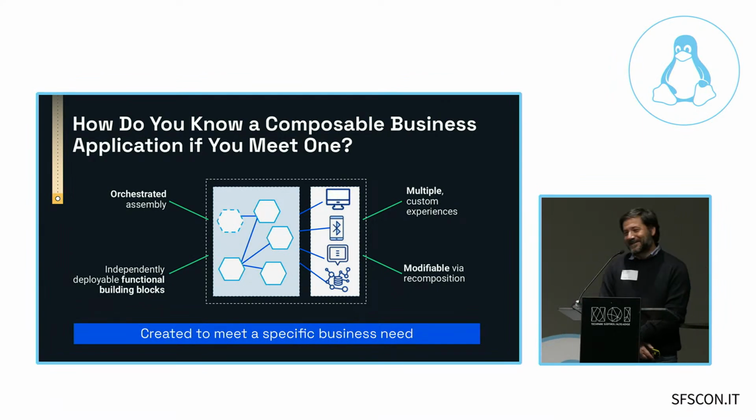We have software that is built using some of the principles that you have already met in distributed architectures. Basically, you have microservices for the most part. And this software is intended to be something that you can deploy in an independent way and can be assembled in an orchestrated way.